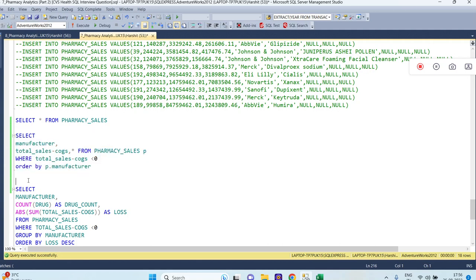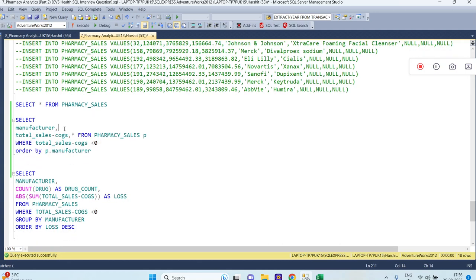So now if you see over here, what I have done is I have used the count aggregate function to count the total drugs associated with each manufacturer, right? And then we are doing the sum of total sales minus costs.